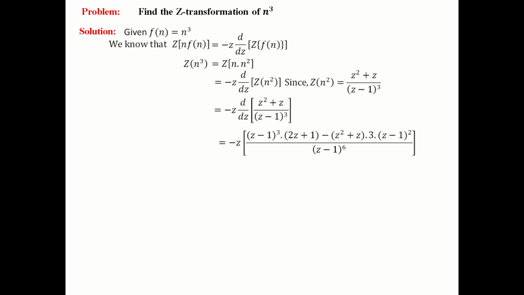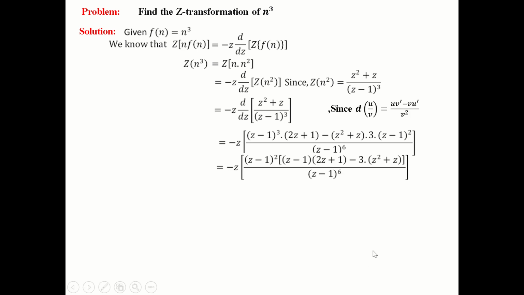The derivative of z minus 1 whole cube is 3 into z minus 1 power 2: n into x power n minus 1, instead of x you have z minus 1. So n is 3, so 3 into z minus 1 power n minus 1, 3 minus 1 is 2.